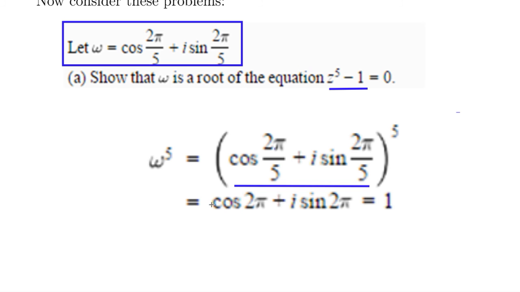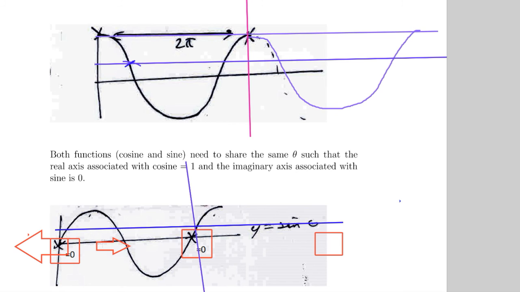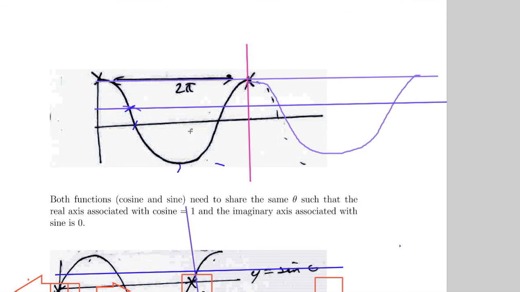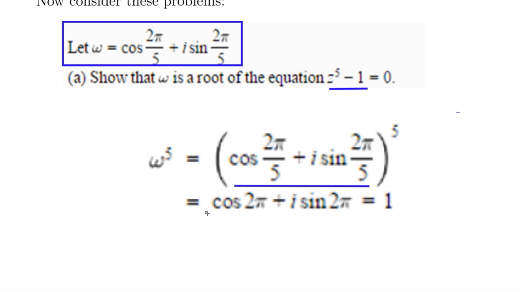If you consider this diagram, with 90, 180, 270, 360, at 360 we have 1. So if it was 2 pi, we'd also have 1, and therefore that is 1.